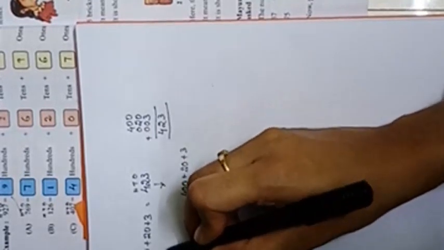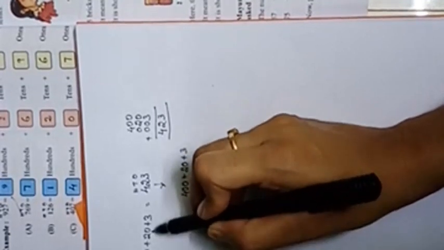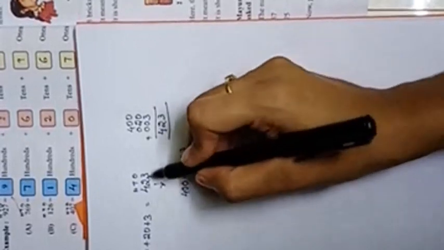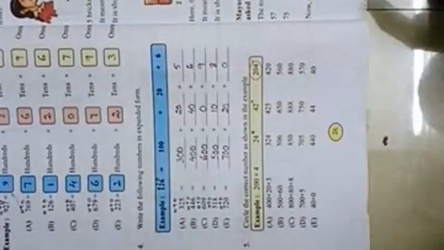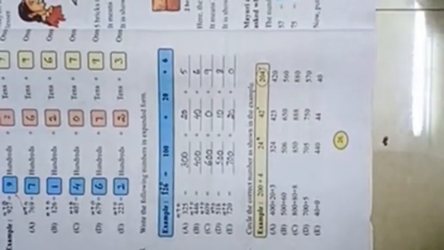After adding 400 plus 20, you'll get 420. When you add 420 plus 3, that 3 will go and settle in the ones place. So this is called the short form of the expanded form. When you get the expanded form and have to write the short form, you have to add those 3 numbers.